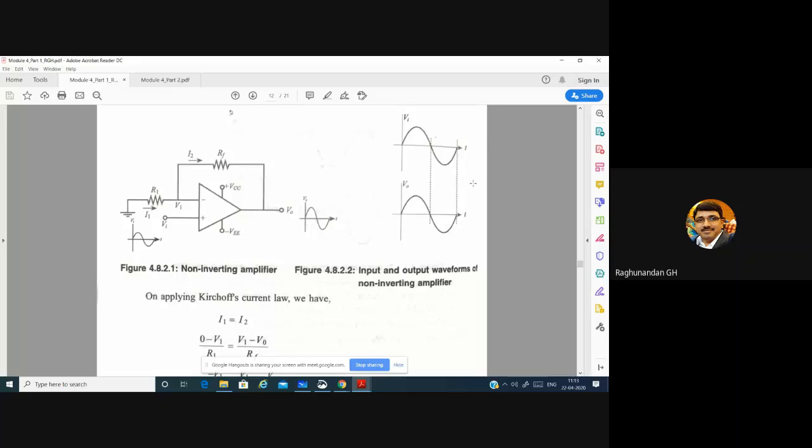Chandana, are you there? Yes, sir. Chandana, tell me. Instead of connecting this feedback resistance like this, if you connect the feedback resistance to the non-inverting terminal of the op amp, what might happen?